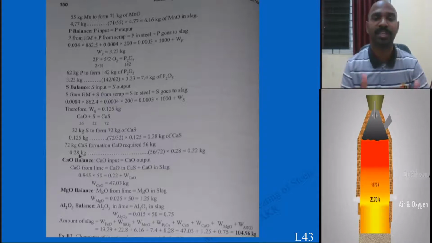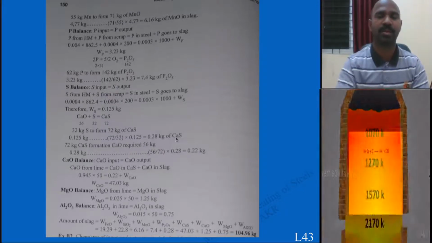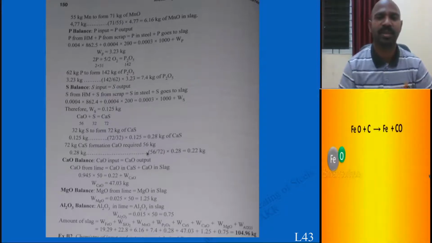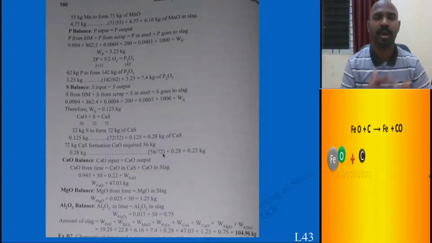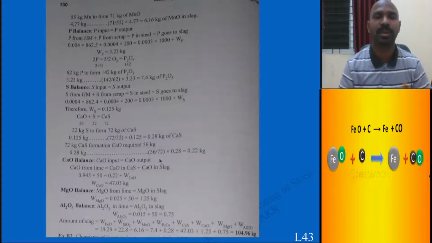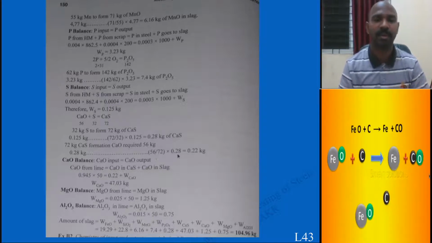So 0.28 kg of CaS is calculated, and with respect to the CaO, 56 divided by 72, finally you will be getting 0.22.